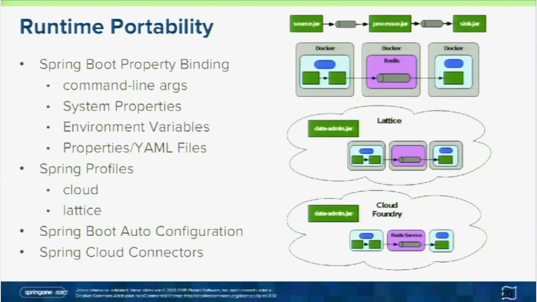And the Lattice profile itself is actually activated by the Spring Cloud connector for Lattice. So everything starts to work together in a transparent yak shaving fashion, basically. So you, as a user, hardly have to know about it. It's nice to take comfort in the fact that you can control it if you need to, but there's so much that we can do for you.